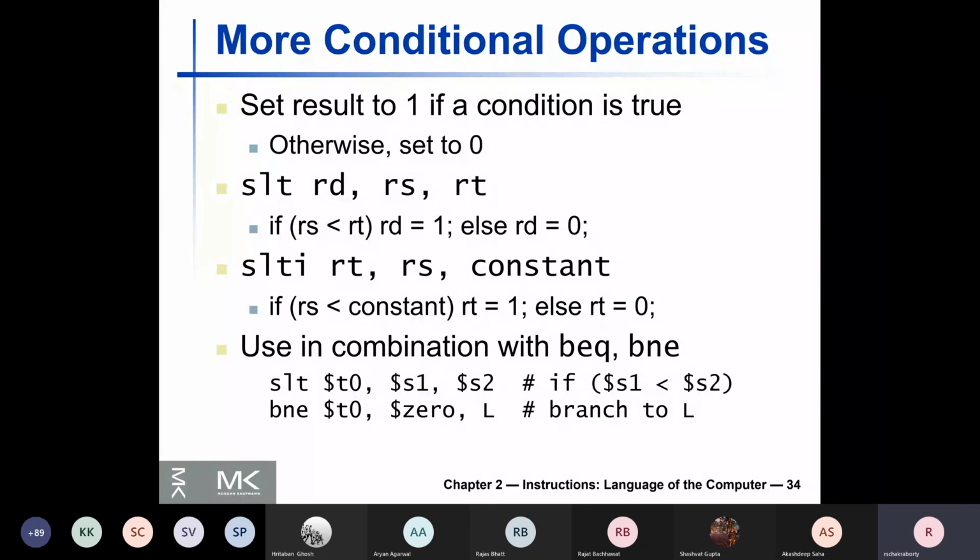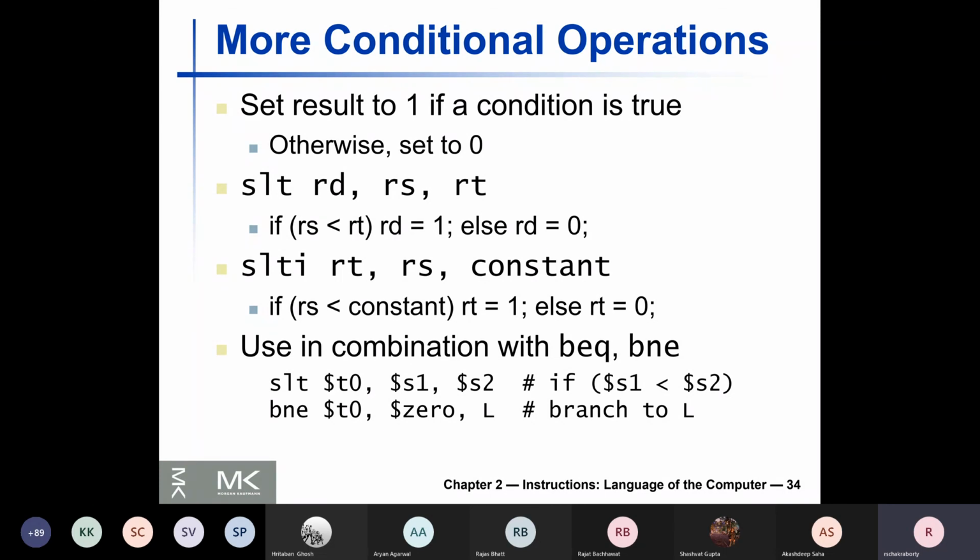From your digital logic switching circuits background, you know set means forcibly changing the state of a flip-flop to 1, and reset means forcibly changing its state to 0. Here also exactly the same thing. If the smaller than comparison succeeds, you change the register to 1. 1 means only one bit will be 1, not all bits.